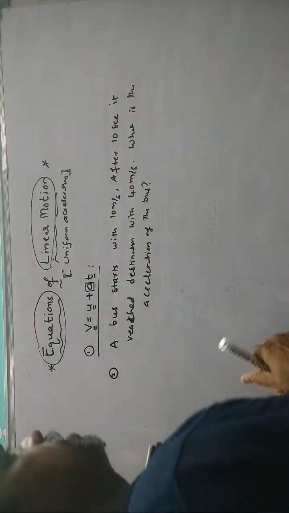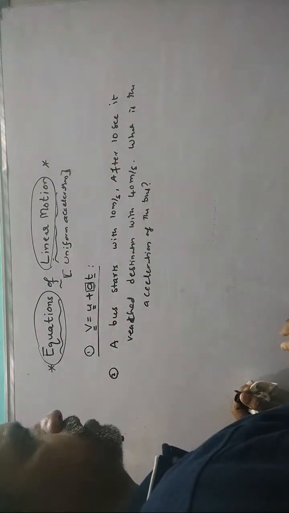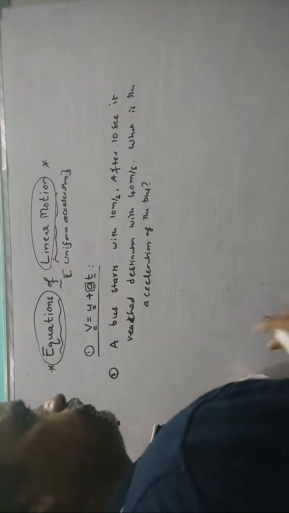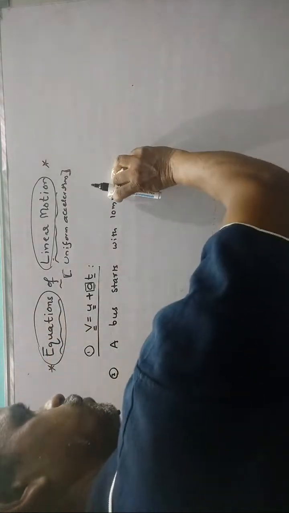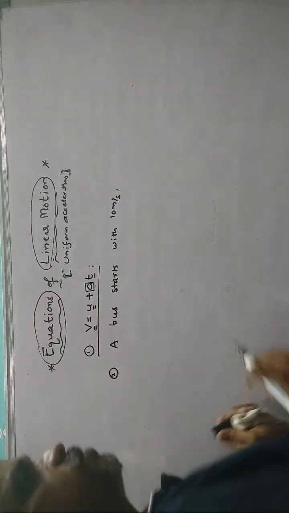Now, see, I will give one more problem to you based on this equation. The linear equation of linear motion is the first equation. Say a bus starts with 10 meter per second.